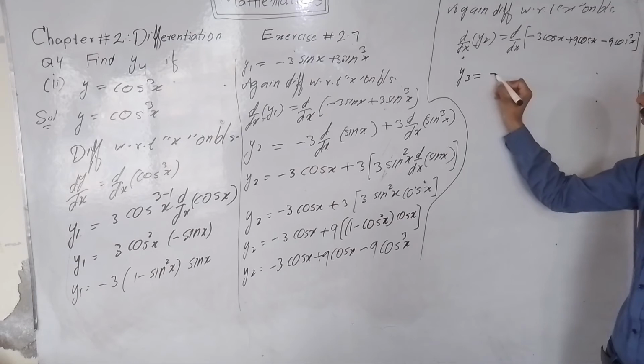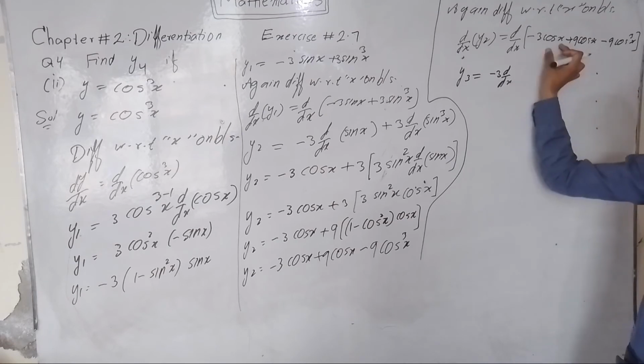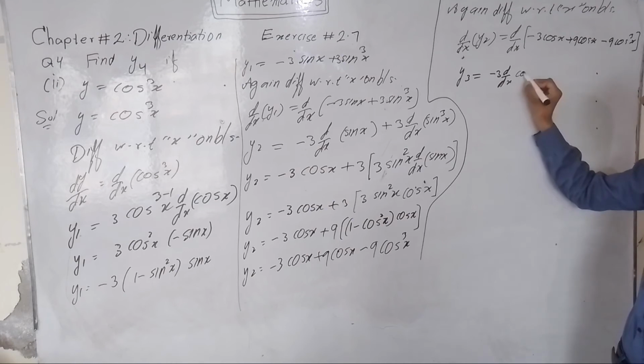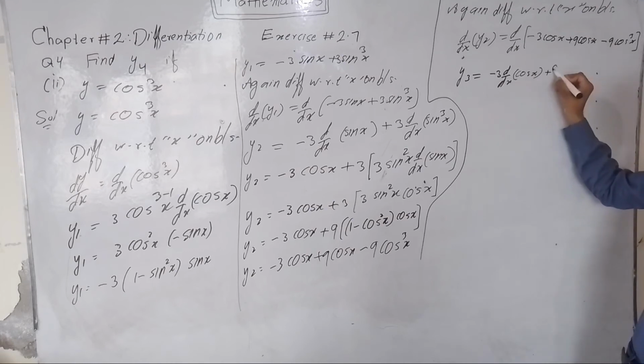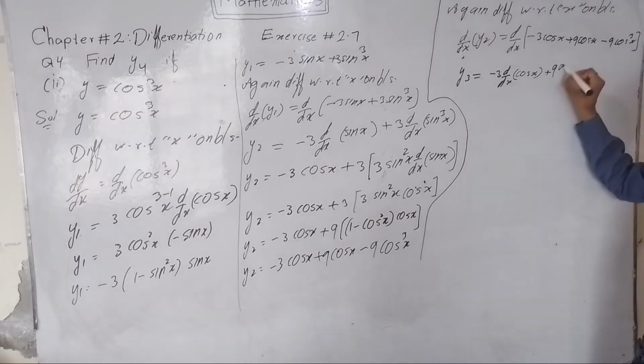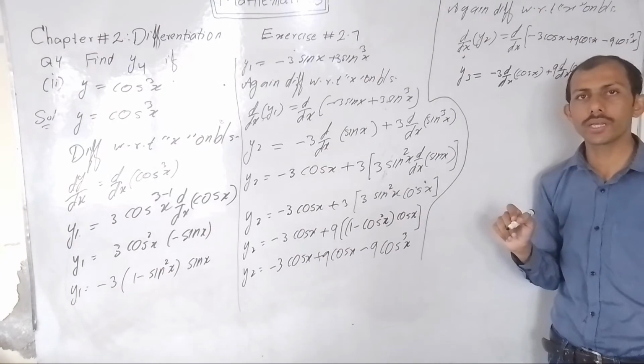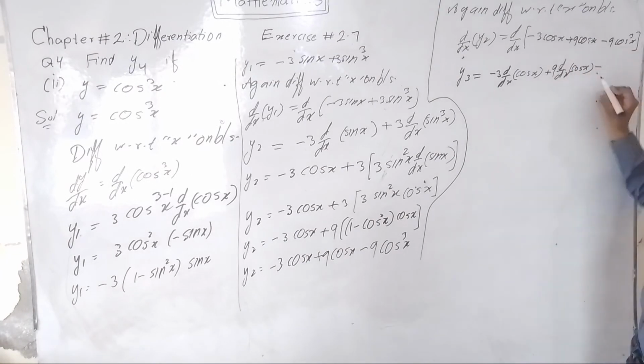Further differentiate: minus 3 times the derivative of the first function cos x, plus 9 times the derivative of cos x, minus 9 times the derivative of cos cube x.